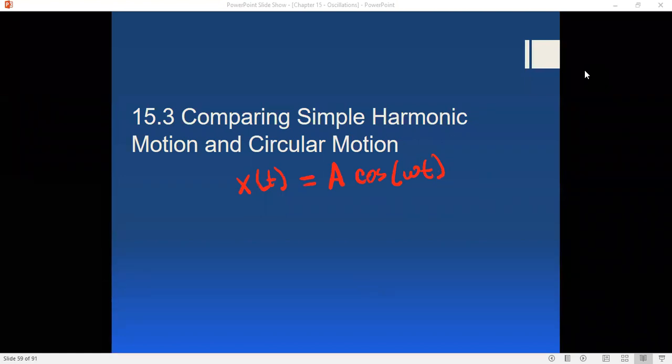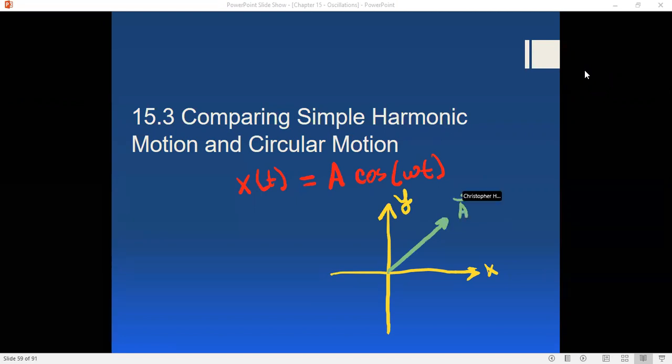Now, if we think about this, we've used cosine before to find the x component of a vector when we graph it on the Cartesian coordinates, right? Let's say we've got a little vector, here's vector A. Probably not a good idea because I have amplitude there, but actually, it works.